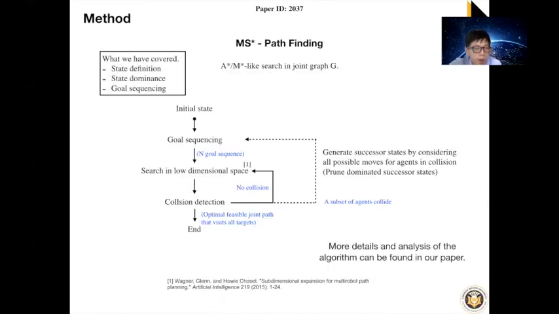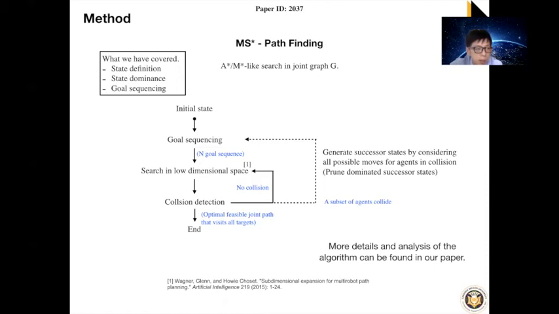So far, we have covered state definition, dominance, and goal sequencing. Next, we're going to describe the pathfinding process, which is actually quite similar to M-star or say A-star search. The algorithm begins with the initial state and runs goal sequencing for that state.